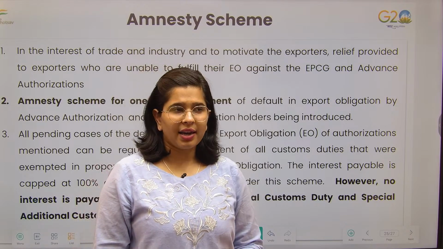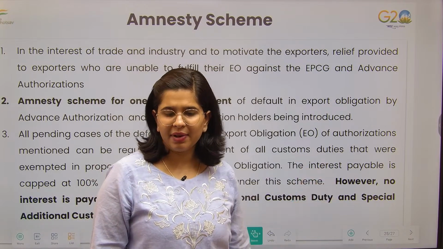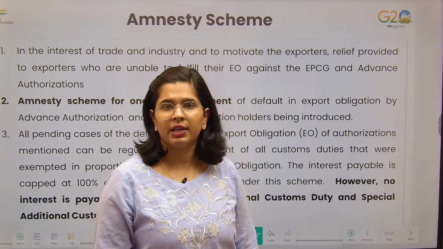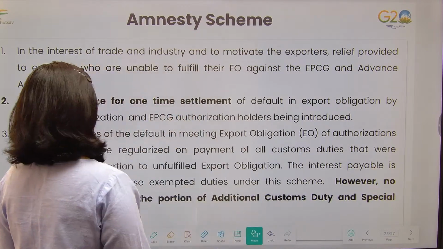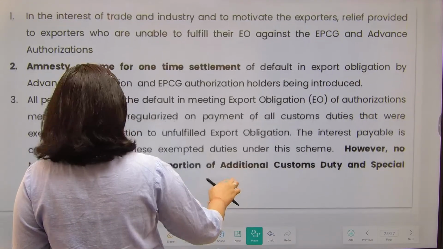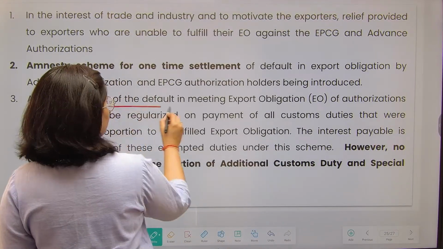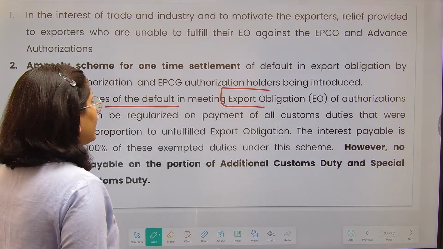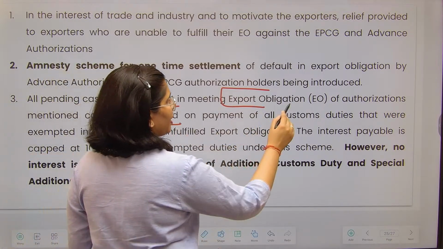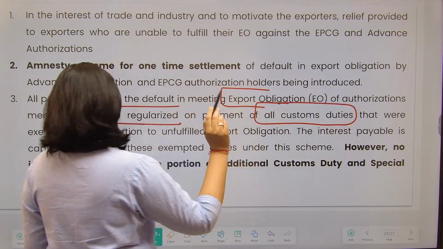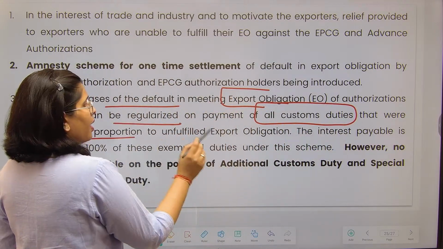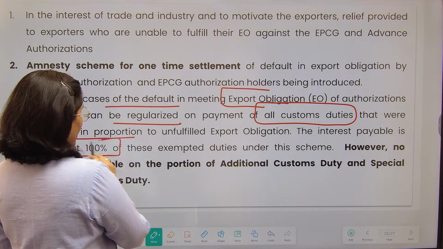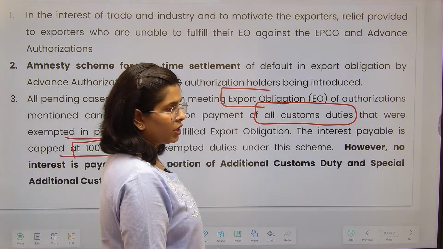So under this MNST scheme, government is being a little bit soft, right? So what government says is, all pending default cases in meeting the export obligations of the authorizations can be regularized on payment of the customs duties that were exempted, plus the interest, which is capped at 100% of these particular duties.